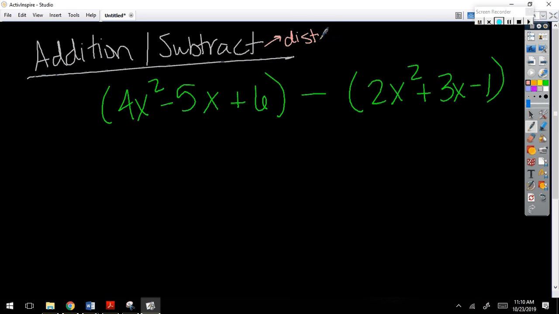Okay, but after you do that, this is just combining like terms. Do we all know what like terms are? Same base and power makes like terms, right? All right. Combine like terms.